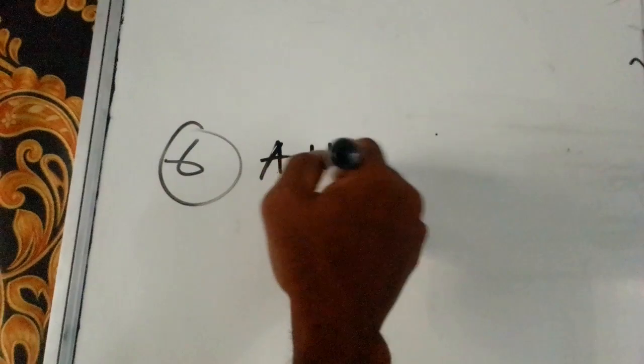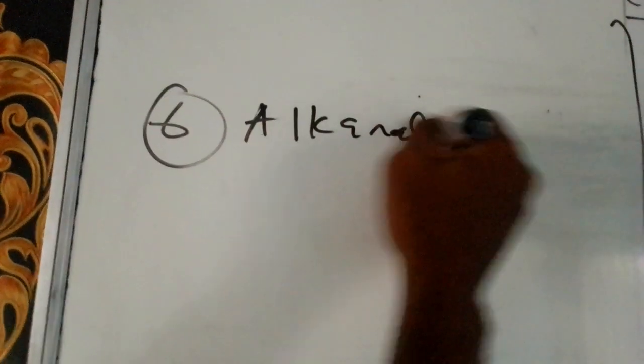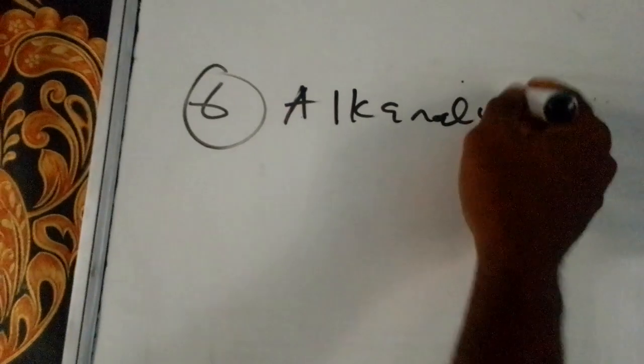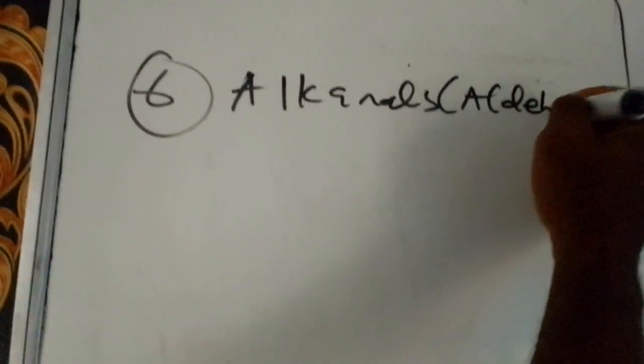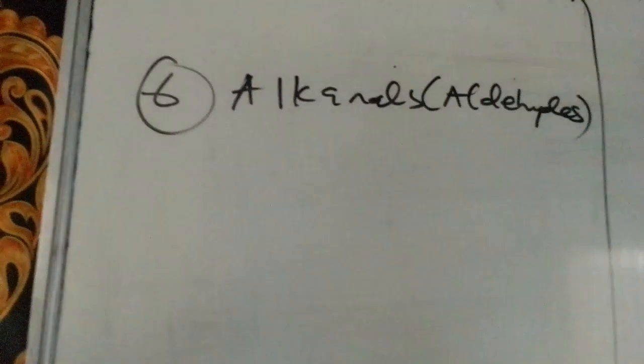Number 6. The next homologous series we're going to look at is alkanals. Otherwise, it was formerly called aldehydes. Aliphatic alkanals.